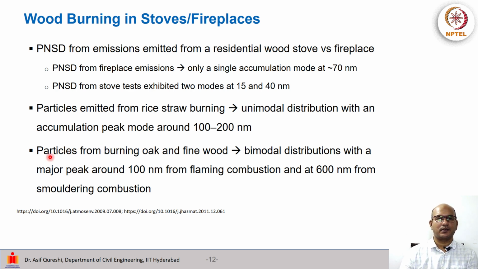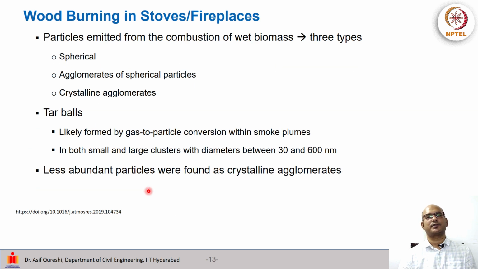But when the particle emissions from burning of oak and fine wood were analyzed, there was a bimodal distribution with a major peak around 100 nanometer, that is 0.1 micrometer from flaming combustion, and at 600 nanometer, which is 0.6 micrometer from smoldering combustion. So the type of wood as well as the combustion type is influencing the particle number size distributions.